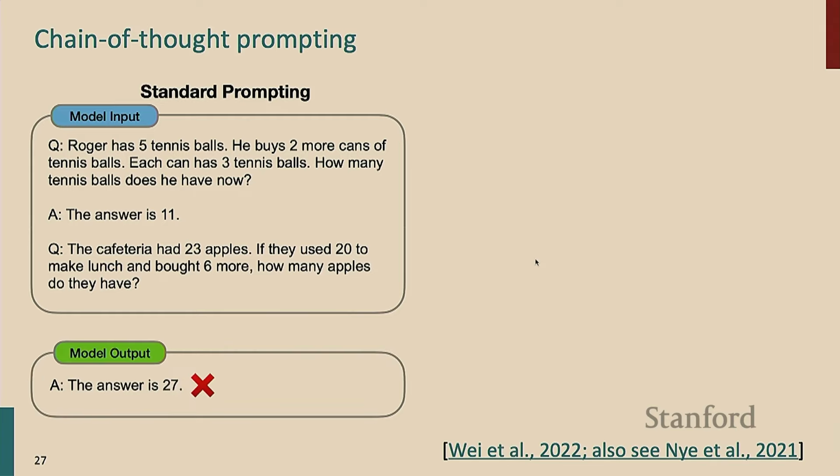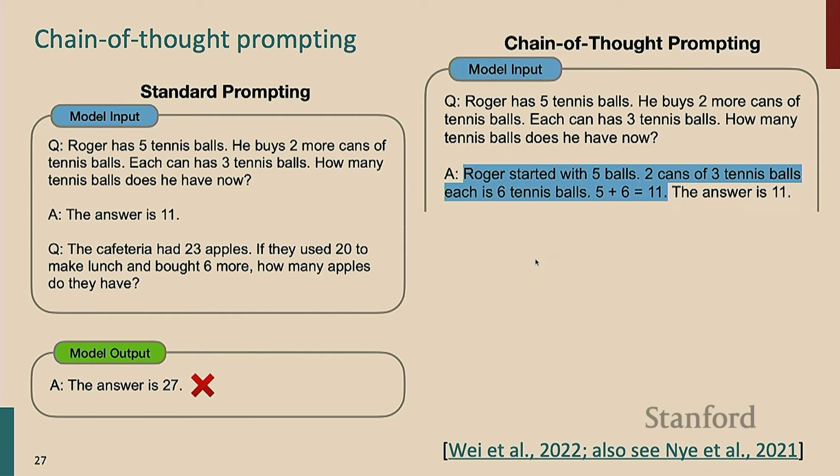So the idea of chain of thought prompting is to actually demonstrate what kind of reasoning you want the model to complete. So in your prompt, you not only put the question, but you also put an answer and the kinds of reasoning steps that are required to arrive at the correct answer. So here is some reasoning of how you would answer this tennis ball question, and then get the right answer.